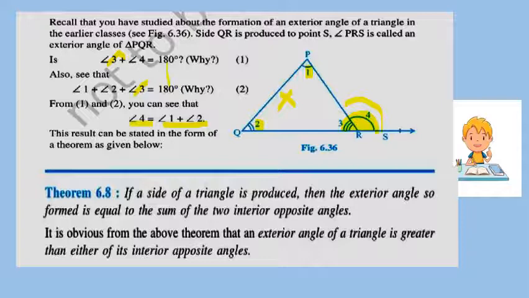Now angle 3 plus angle 4 equals 180 degrees. Why angle 3 plus angle 4 equals 180 degrees? Because they form a linear pair of angles, and when the angles form a linear pair, their sum is 180 degrees. And just now we have shown angle 1 plus angle 2 plus angle 3 equals 180 degrees.